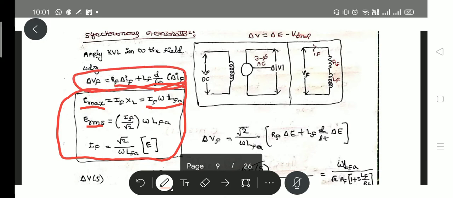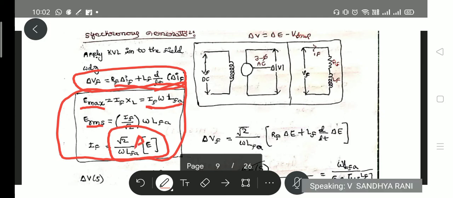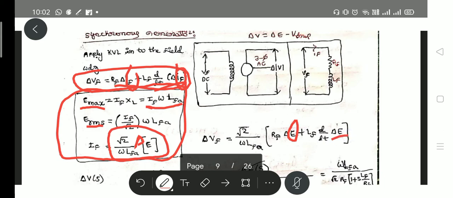In place of If we substitute E. So delta Vf equals root 2 by omega LFA, I am taking it common, into Rf into delta E plus Lf into d by dt of delta E.